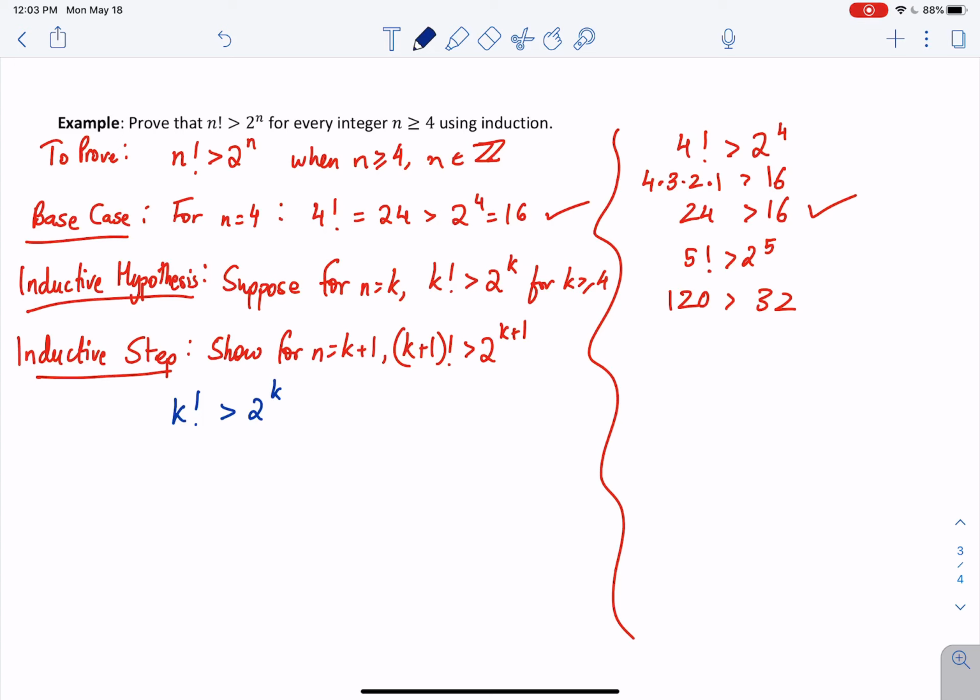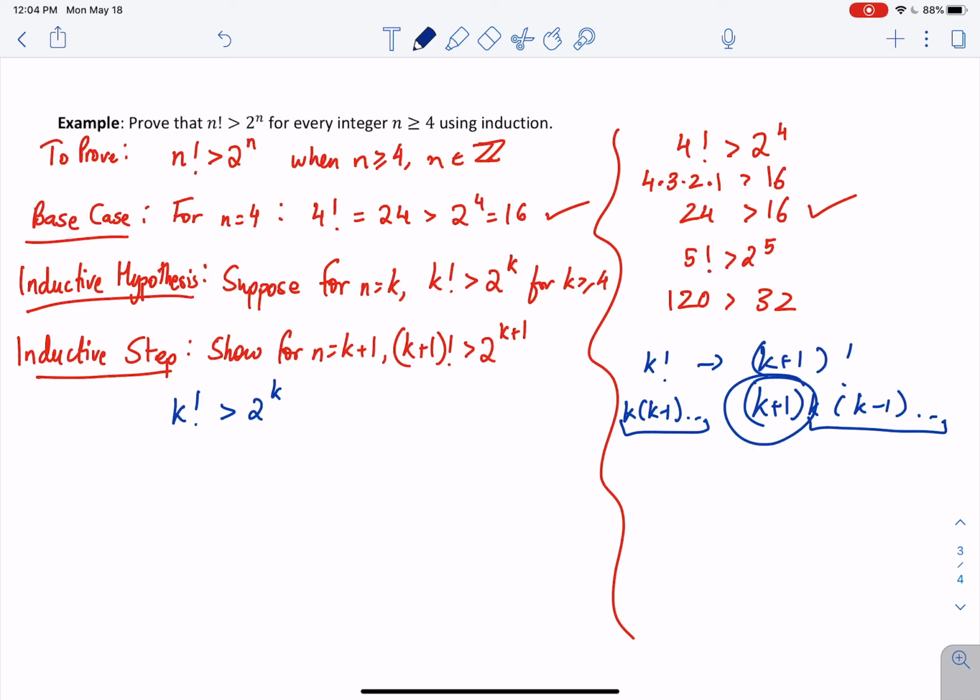So on the left side, I need k factorial to turn into k plus 1 factorial. Well, k plus 1 factorial is really just k plus 1 times k times k minus 1, and so on. And k factorial is k times k minus 1, and so on. So this piece is the same on both those factorials. So the only new thing is multiplying by k plus 1. So let's multiply by k plus 1 on both sides.